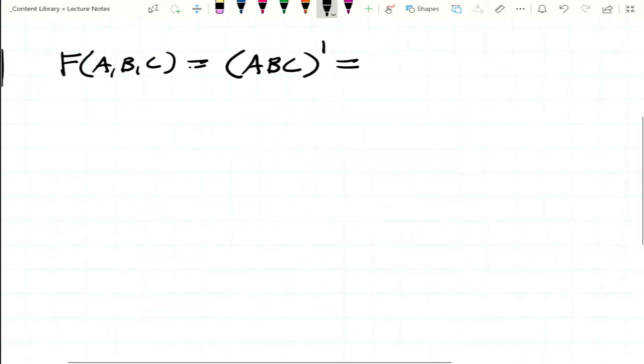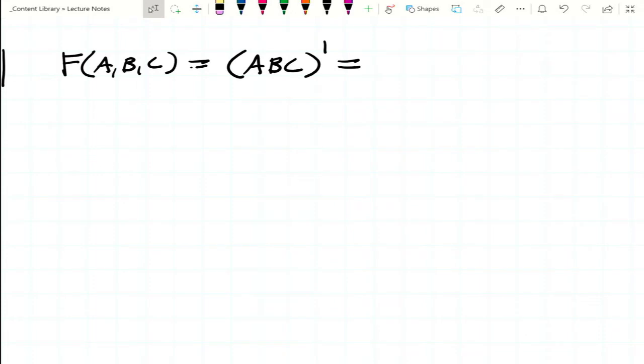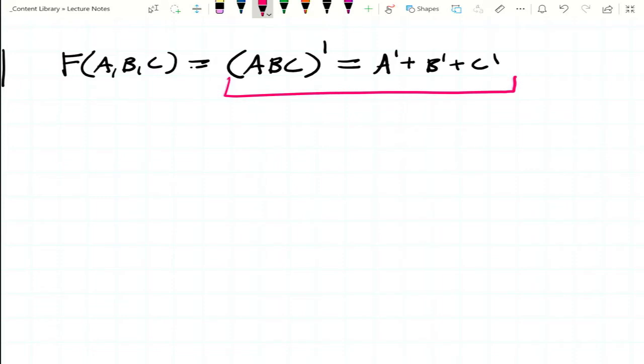Now, if we apply De Morgan's theorem to this expression, a and b and c, all of that complemented, what do we get? Yeah, absolutely. De Morgan's theorem says that we'll have a prime or b prime or c prime. This relationship will be very important to what we're going to try to do.